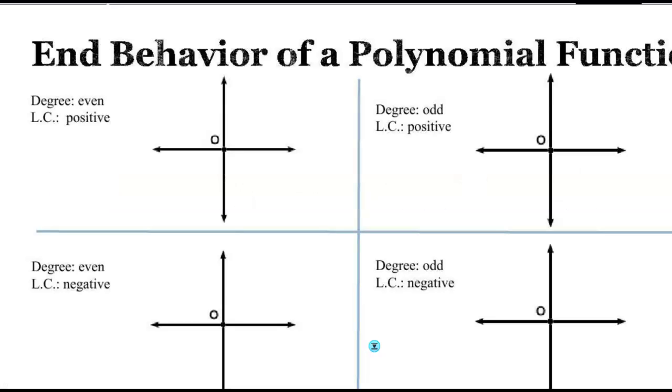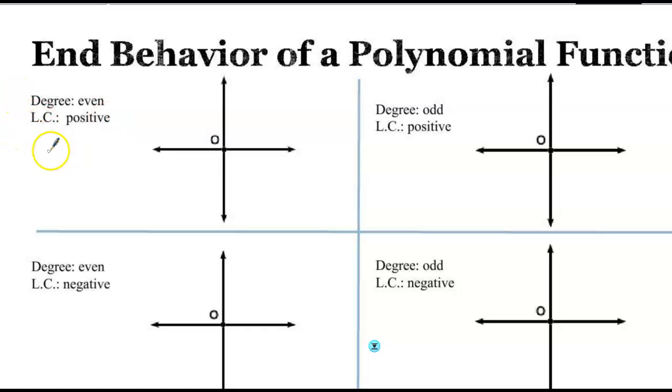All right, here's the last little section that I want to go over with you. It's talking about end behavior of a polynomial function. So first of all, when we're working with our degrees, remember that's the largest exponent. Sometimes they're even and sometimes they're odd.